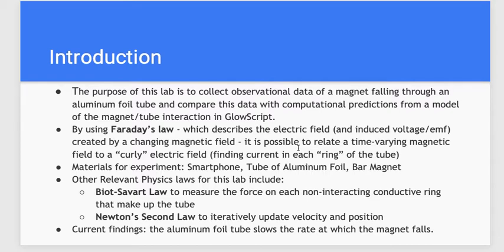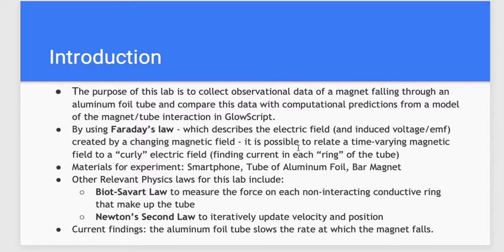Materials for this experiment included my smartphone, the tube of aluminum foil, a bar magnet, and in addition to Faraday's law, other relevant physics principles for this lab include the Lorentz force law to measure the force on each non-interacting conductive ring that makes up the tube, especially when modeling, and also Newton's second law to iteratively update velocity and position values, which is really important when we get to the model.